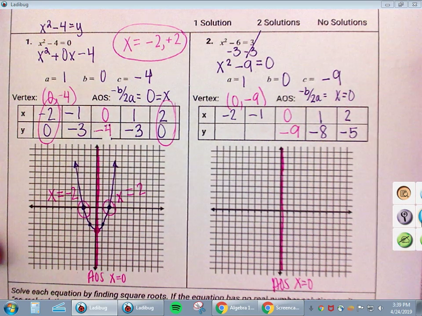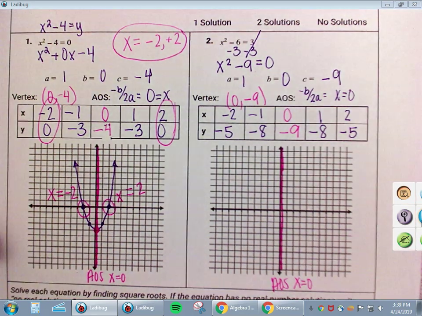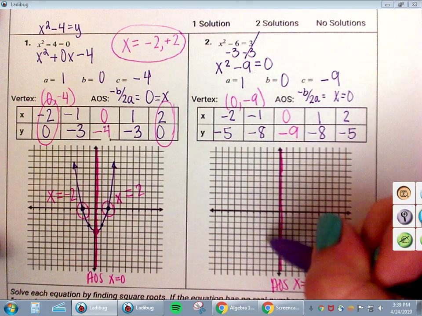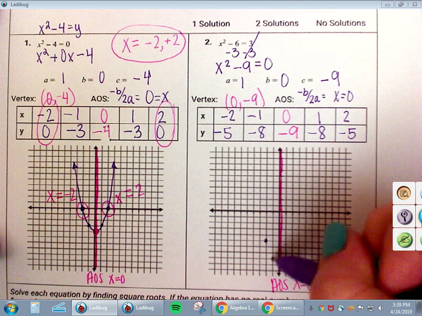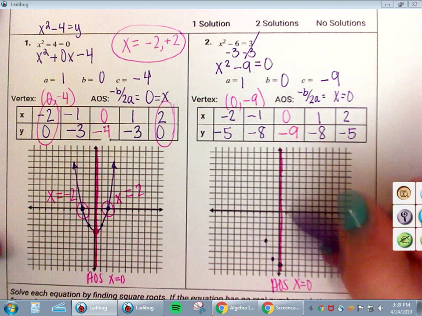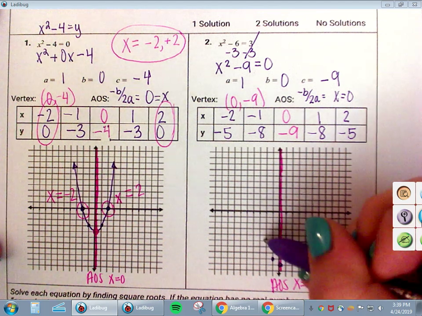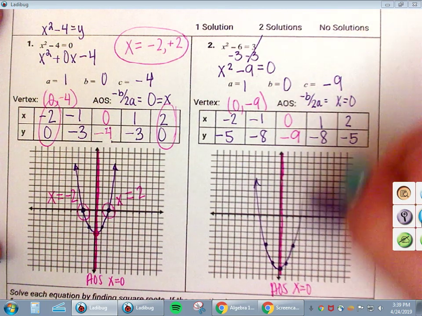And then because of symmetry, I can copy over my -8 and -5. Let's plot our points. -2, -5. -1, -8. 0, -9. 1, -8. 2, -5. So here's my curve.